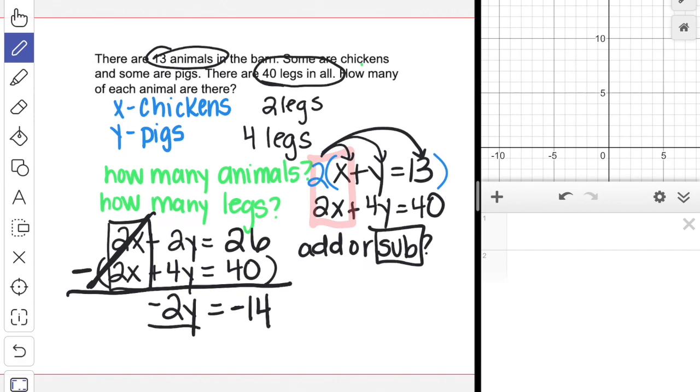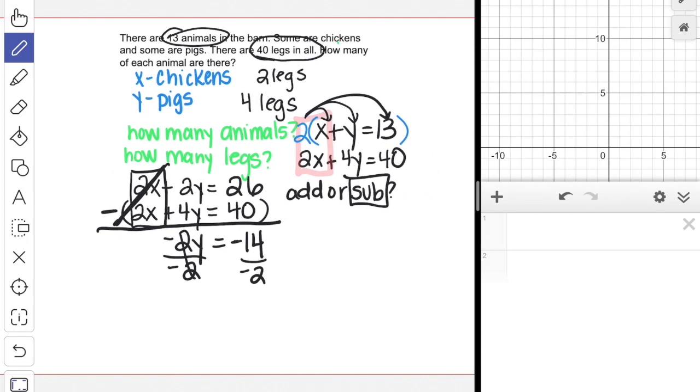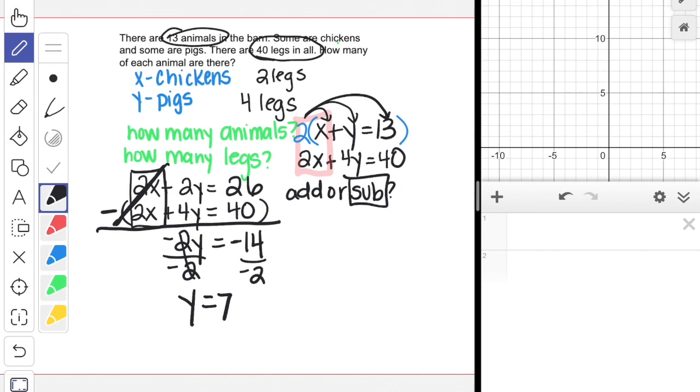Now I'm going to finish solving this by dividing by negative 2. So y equals 7. Y, we just determined, represents the number of pigs, so we now know that we have 7 pigs.